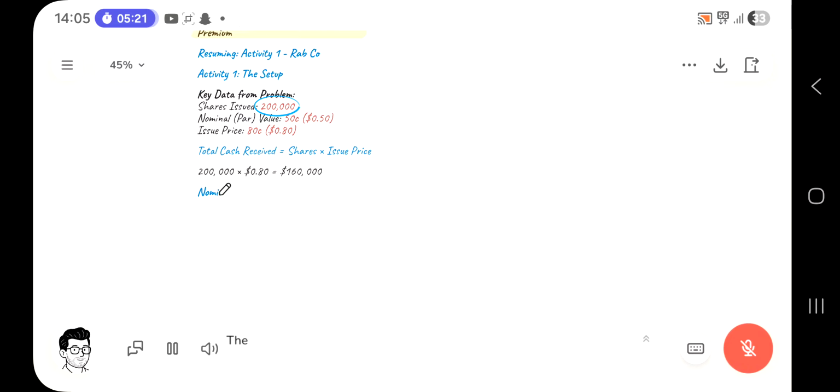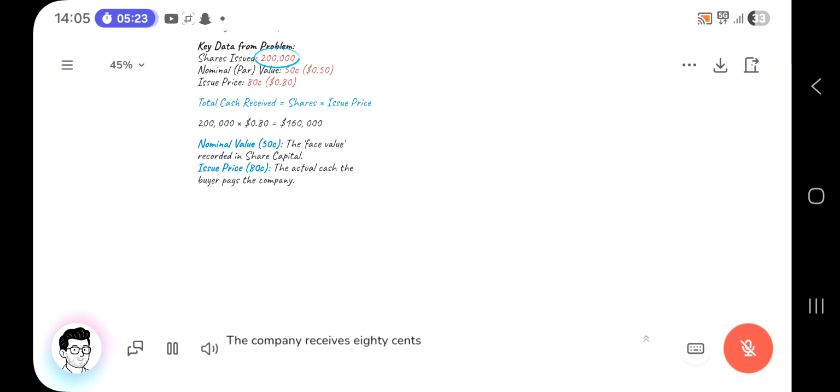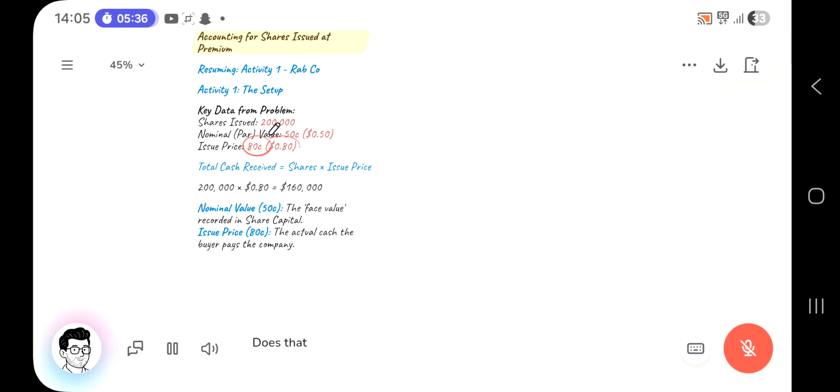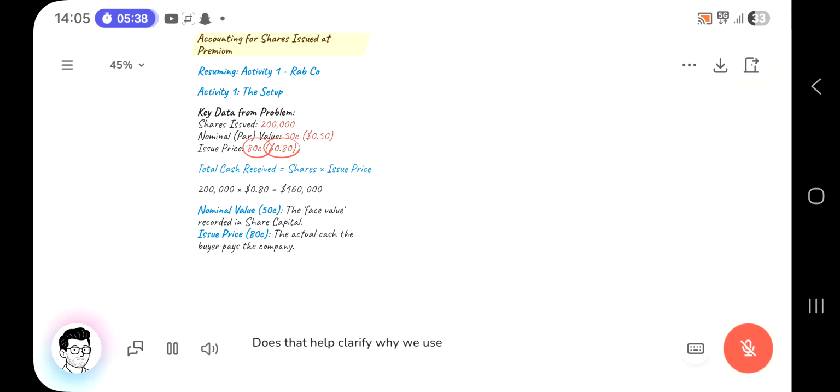The company receives 80 cents in actual cash for every share. So for our accounting, we have to record the full amount of cash that hit the bank account. Does that help clarify why we use the 80 cents for the cash calculation?